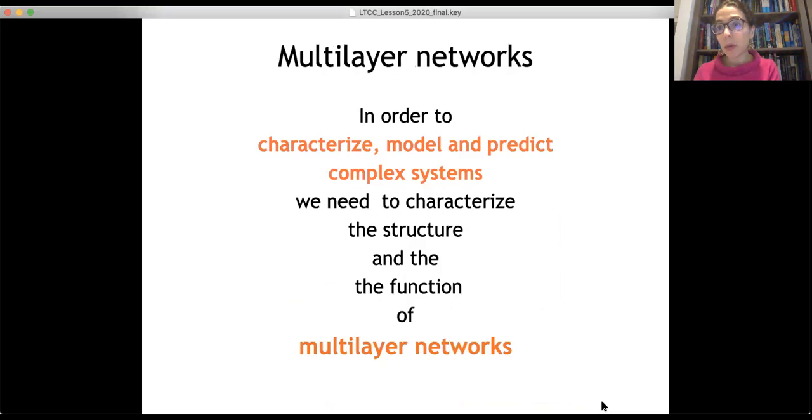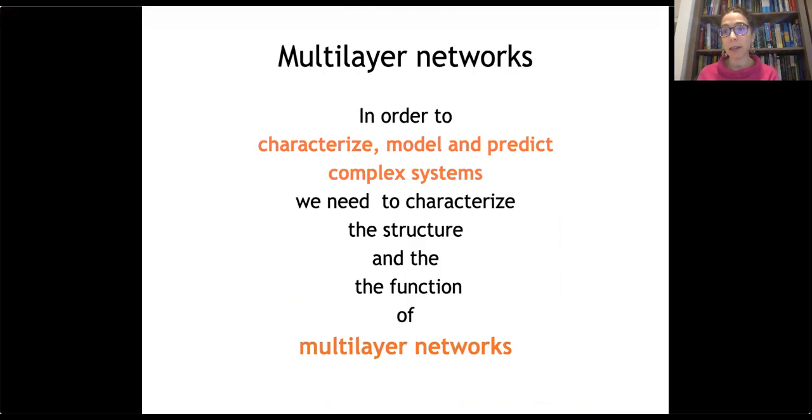So really this is to give you an idea and to stress the importance of multi-layer networks if you want to characterize, model, and predict a complex system. You need to make a step forward with respect to what you have learned just with the network and embrace a multi-layer perspective.